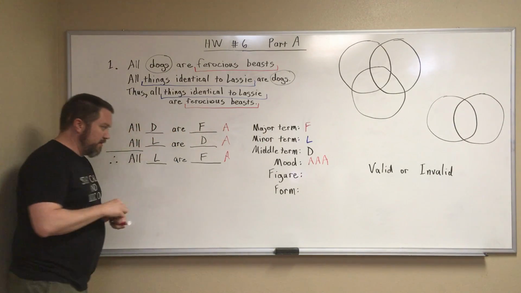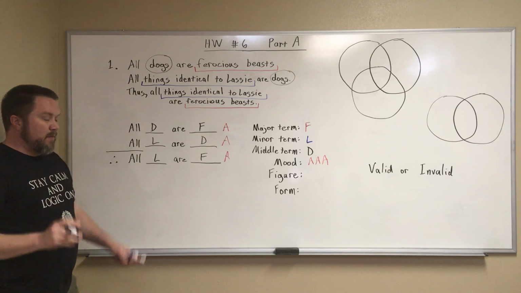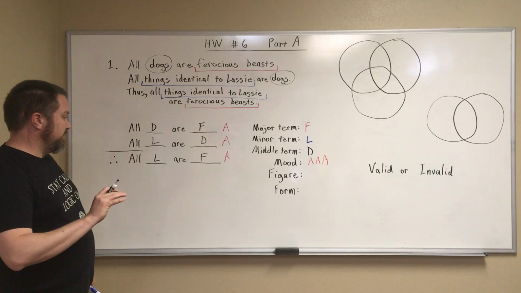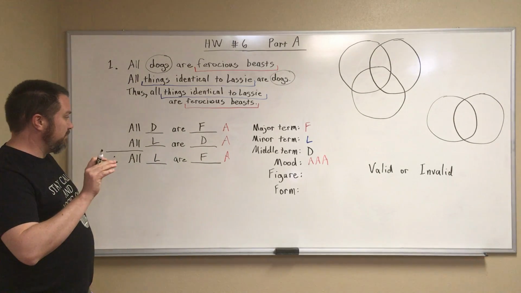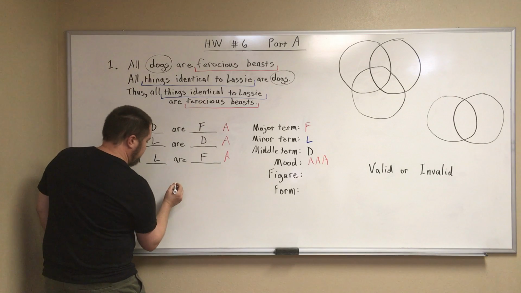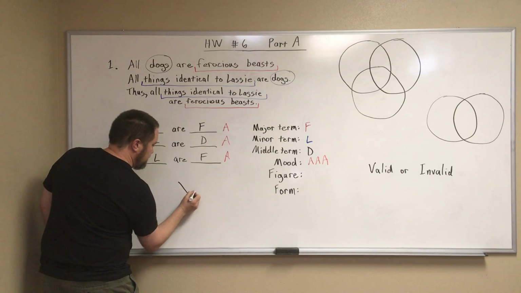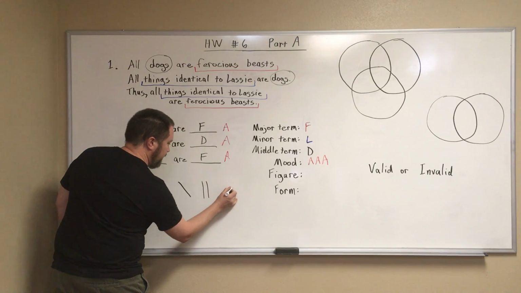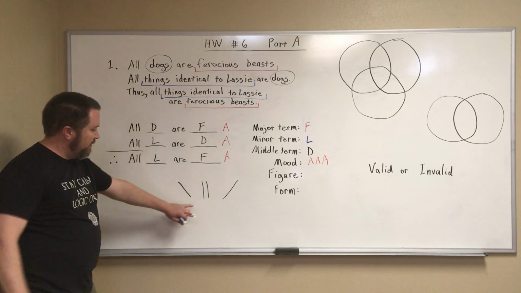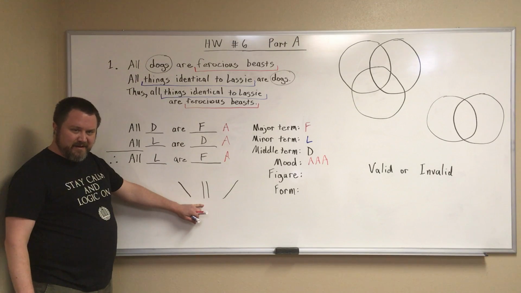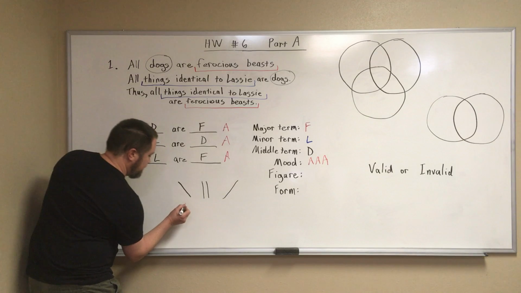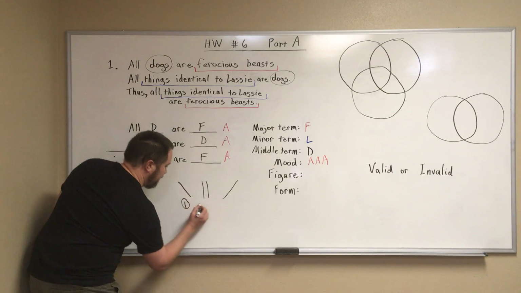And for the figure, remember there's 4 figures that categorical syllogisms can possibly be. And I always just remember this. There's lots of different ways that you can remember. I'm kind of a visual person, so I just remember the figures visually. So this is figure number 1.